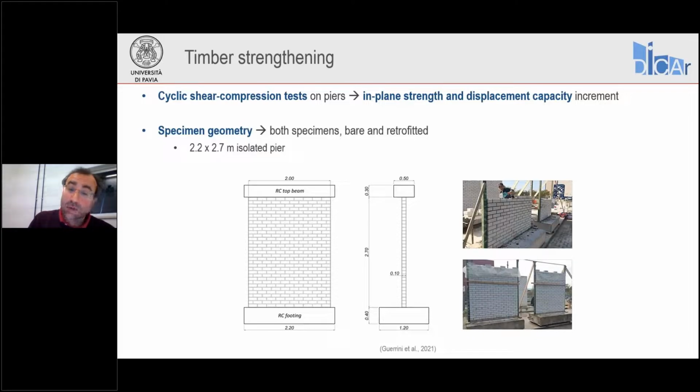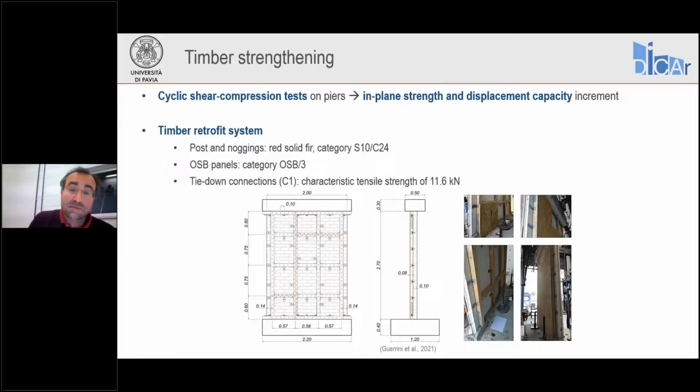You can see here how thin, how slender this pier was, only 10 centimeters thick and 2.7 meters high. And these same dimensions apply to the bare and to the retrofitted specimens.